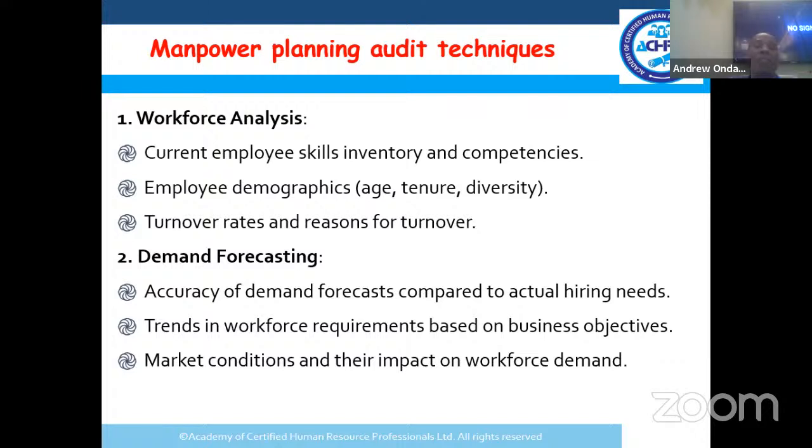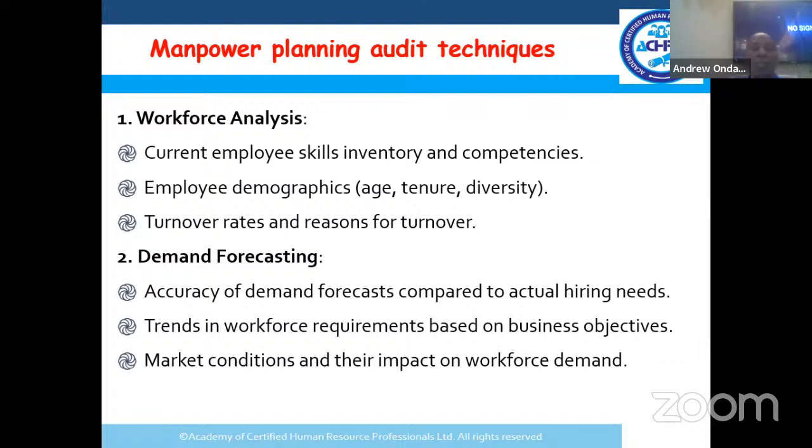And then the forecast should take into consideration changes in our environment, because our forecast cannot be 100% accurate. But as HR managers, we should be flexible enough to accommodate changes in our environment, which will make our organization agile. Otherwise, if we remain rigid, we are likely to break, and breaking can be very dangerous.